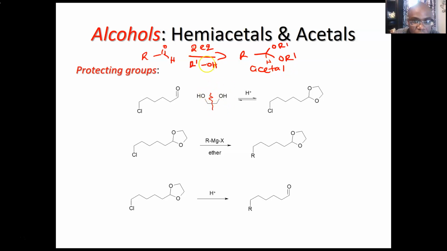Now what if the 2 OHs are on the same molecule, instead of 2 equivalents of alcohol? What happens is that these 2 oxygens will cap the carbon of the carbonyl. See this carbon right here is this carbon here, and then these 2 hydrogens will be lost.